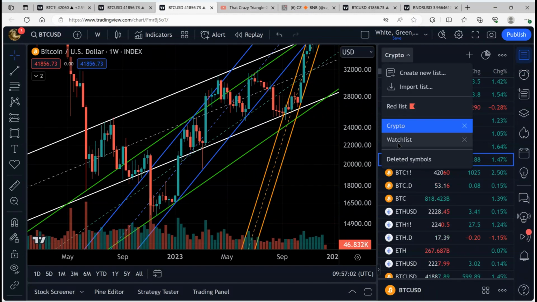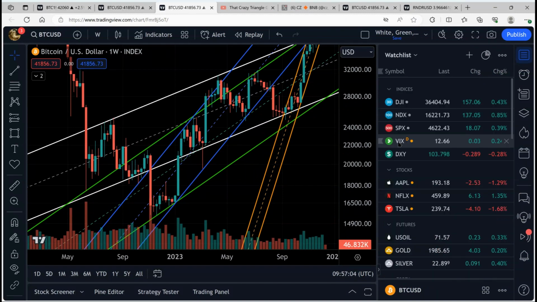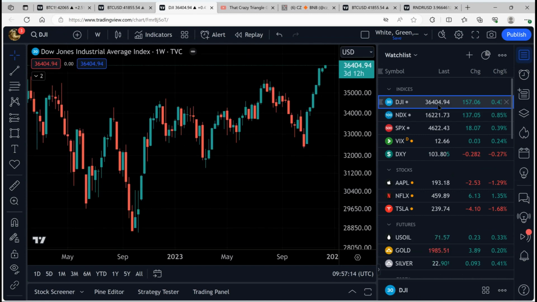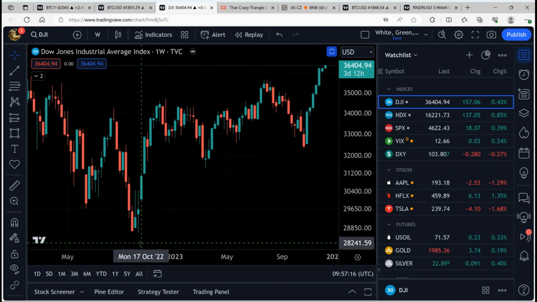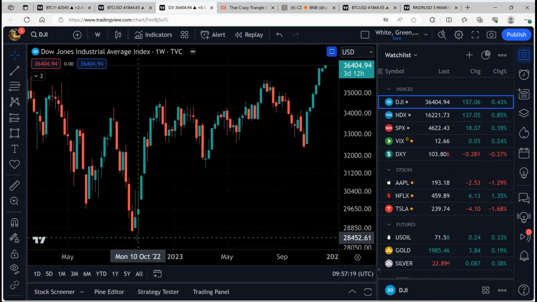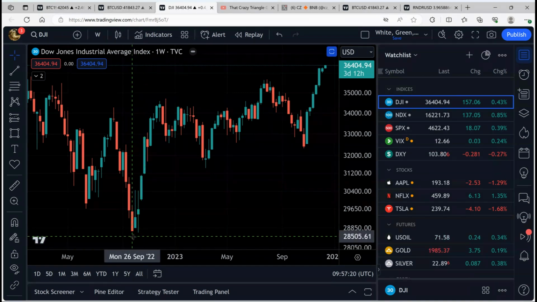Yeah, the Nasdaq, the S&P 500, or the Dow Jones. If you look at those, well, you know what? Let's look at them on a weekly time frame. October 10th, 22, right there. Bottom of the market.